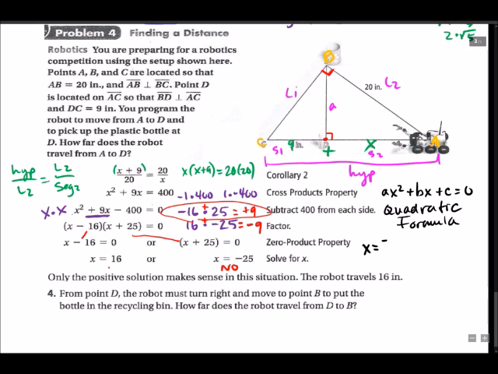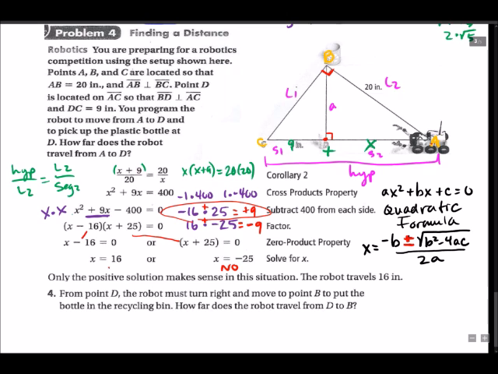X equals the opposite of b plus or minus the square root of b squared minus 4ac all over 2a. You recognize that? I hope so. This plus or minus here makes it two equations. That's where we get our two answers.